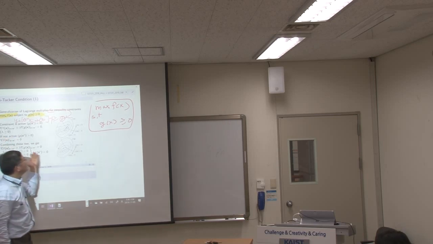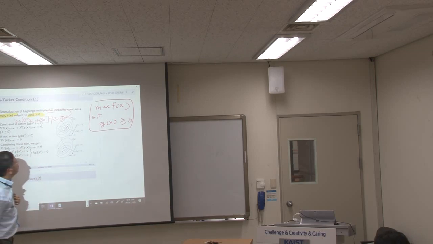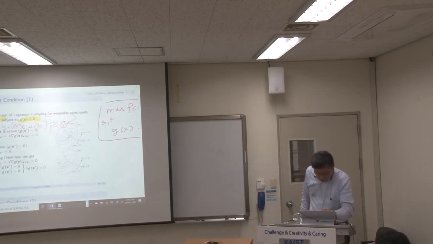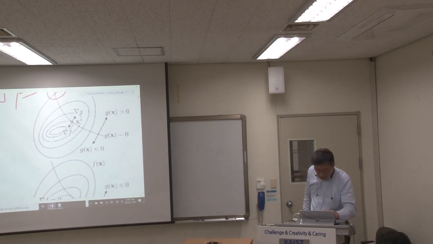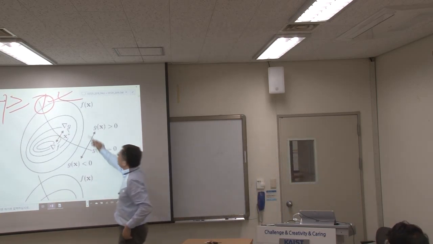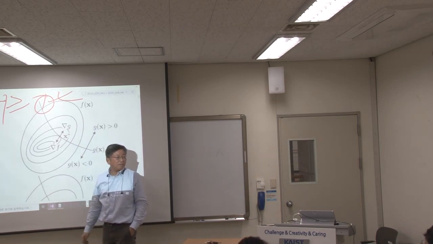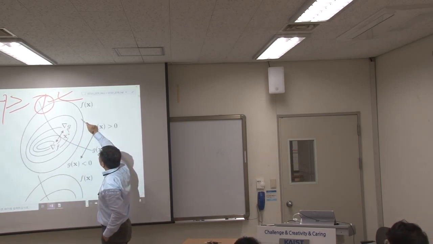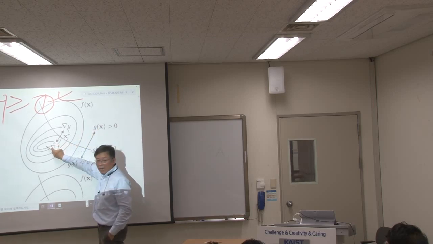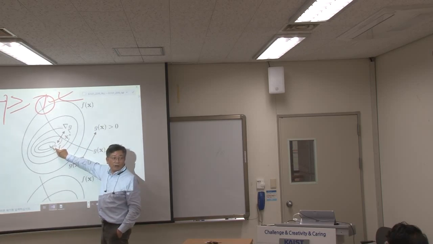The other case is this. Maybe this figure gives you a better picture. Look at this picture right here. Here is a contour plot of f. So this is f(x) equals 1, f(x) equals 2, 3, 4, 5, and the maximum is right over here.